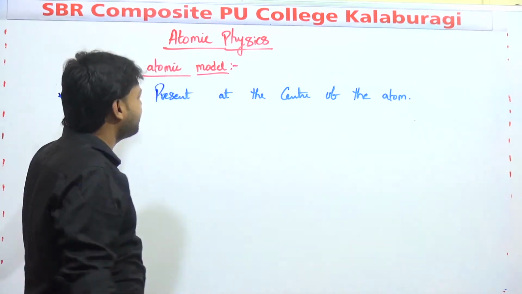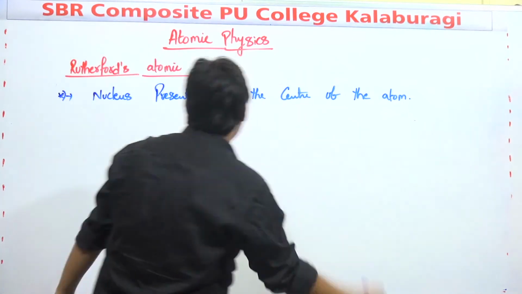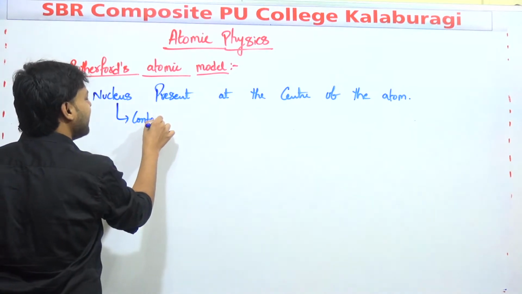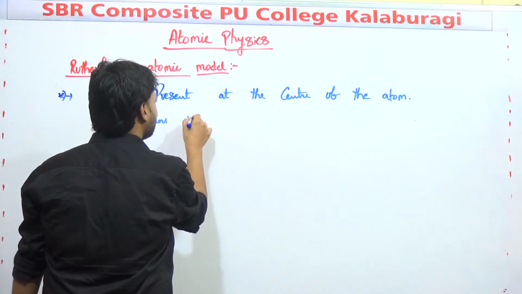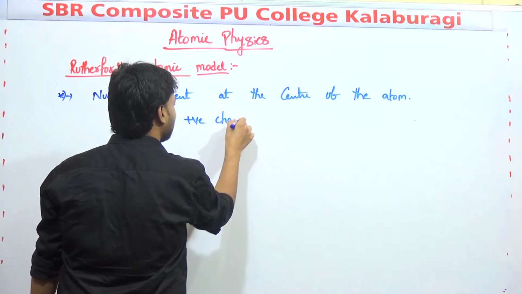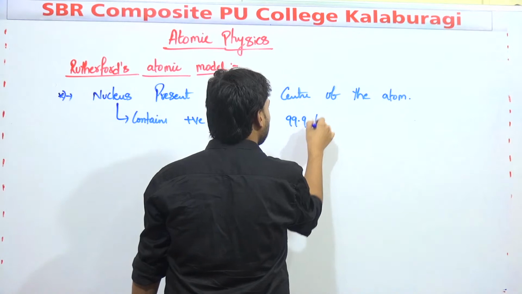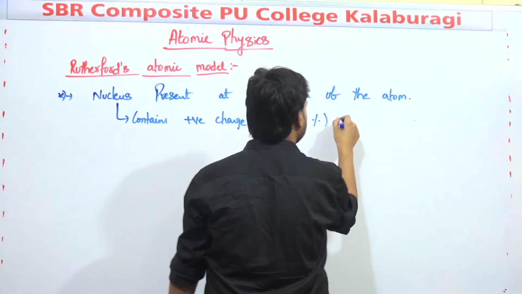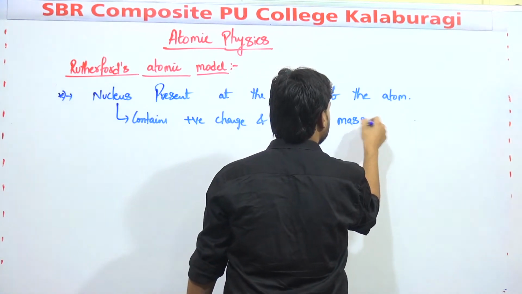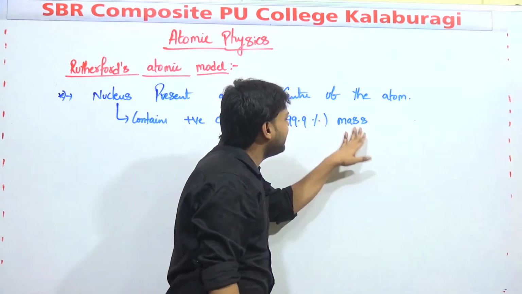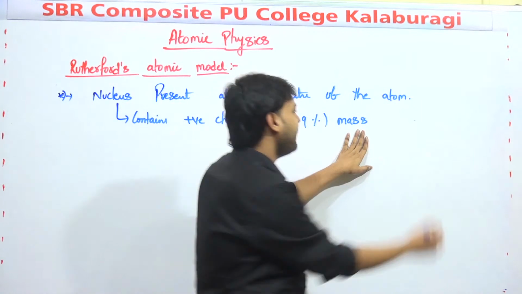So the nucleus is present at the center of the atom, and it contains positive charge and 99.9% of the mass of the atom.